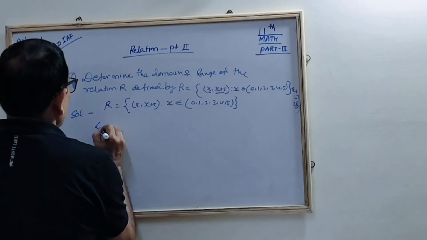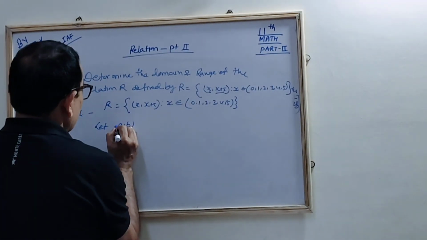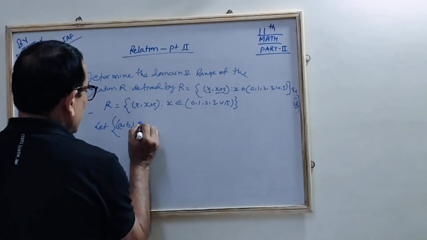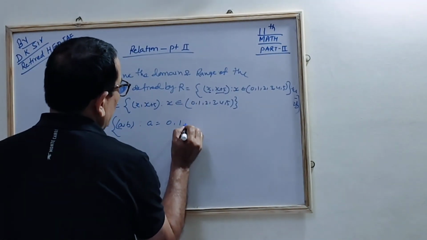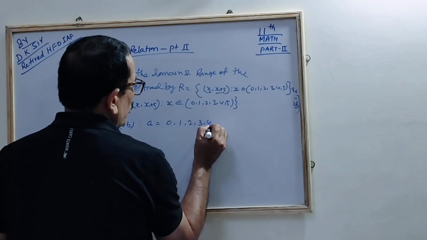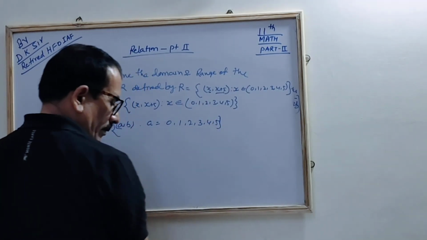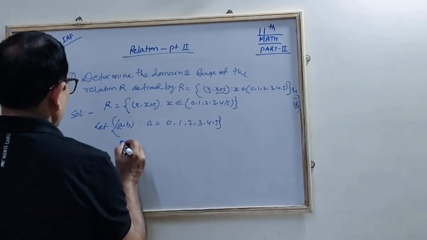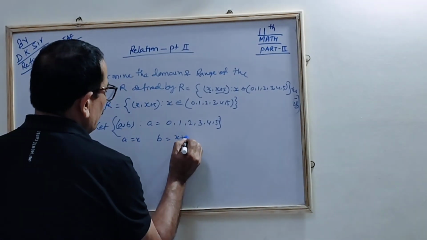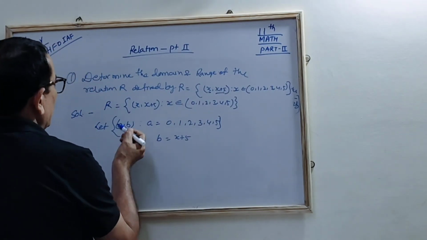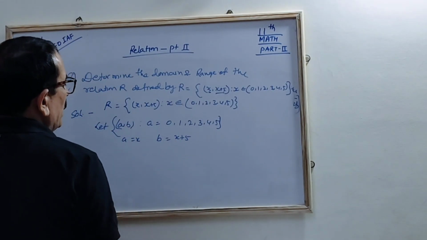Let us suppose a and b are elements such that a is equal to 0, 1, 2, 3, 4 and 5. If a is equal to x, then b is equal to x plus 5. Then a will become x and b will be x plus 5.